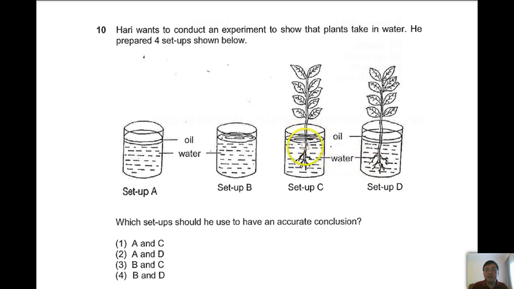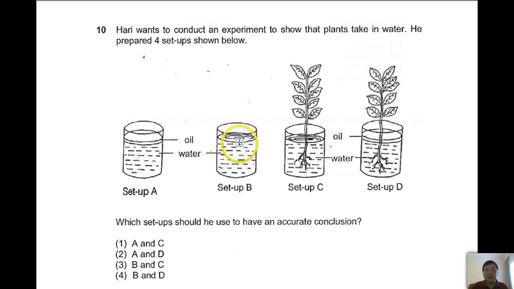What happens if you put this? You compare this and this over here. Okay, so without the plant, the water will not go down. With the plant, the water will go down. This experiment is very unstable because although the plant will absorb water and the water level will go down, at the same time the water will also disappear or evaporate to the air.